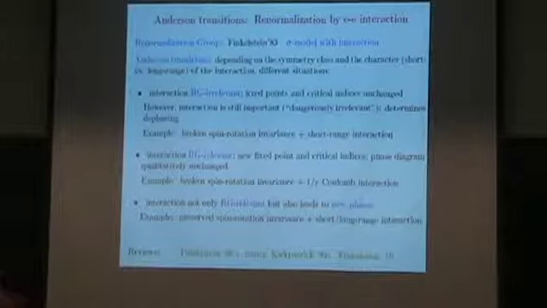If we take quantum Hall effect or Anderson transition in the same symmetry class, unitary class, with and without interaction in 3 dimensions, then we will see qualitatively the same behavior. However, the fixed point will be different and critical indices will be different. So the quantum Hall phase diagram with Coulomb interaction and without Coulomb interaction looks very similar. However, the fixed point changes, and critical indices are expected to change.